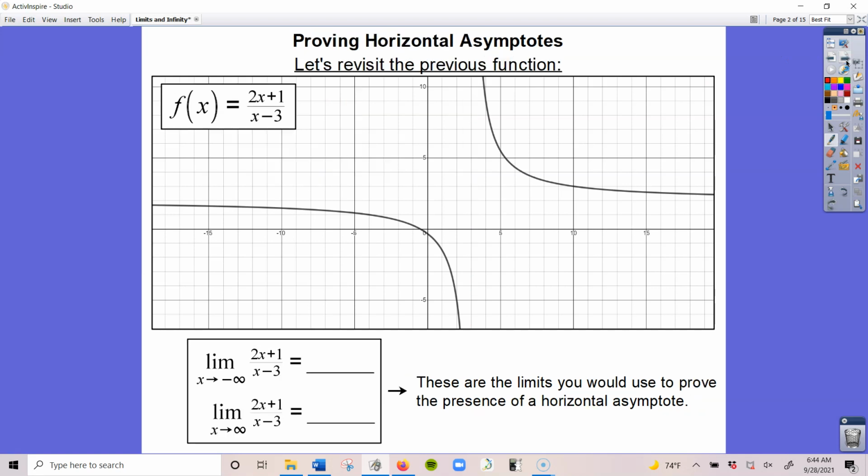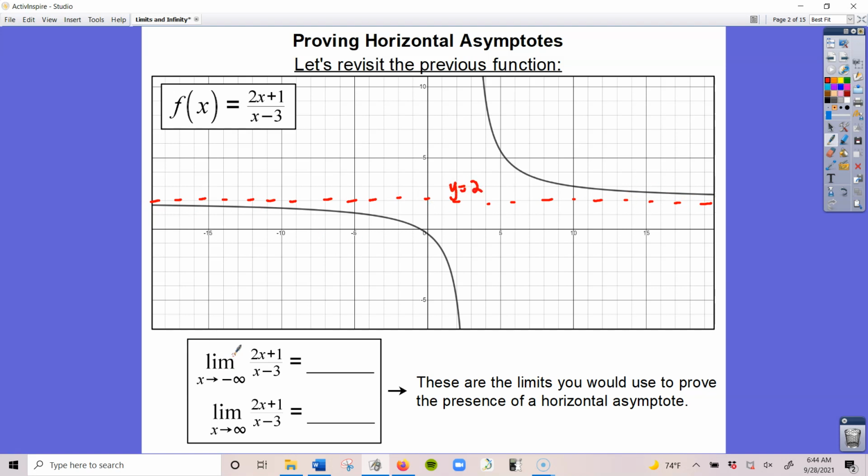Now let's look at horizontal asymptotes. We'll get into the technique on how to find horizontal asymptotes algebraically from the equation, but we can see here that we have a horizontal asymptote at this line, which is y = 2. So our graph at the ends is leveling out at 2.